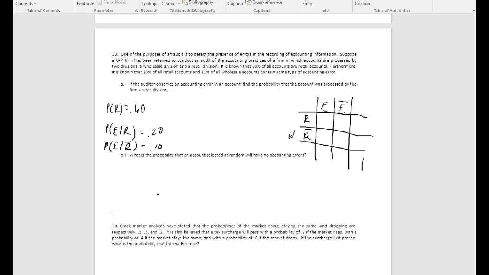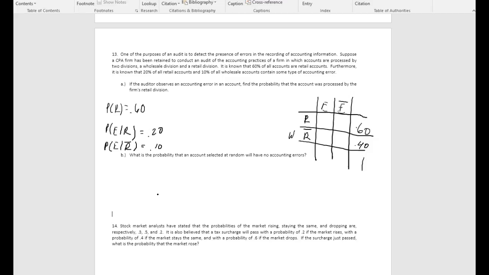Before we even look at A, I just want to solve for the whole table, because that's what I'm most comfortable doing, and I think it's the most beneficial, because then you can just go back and answer any question that comes up. We got 0.6 for the probability of a retail account, 0.4 for not retail, so wholesale. Then we notice that we have conditional probabilities here. We use our conditional probability formula to split these conditionals into the intersection divided by the marginal.